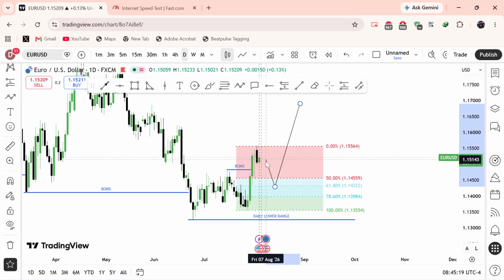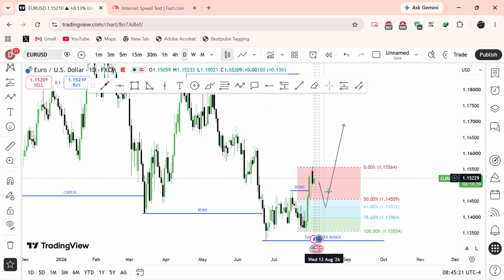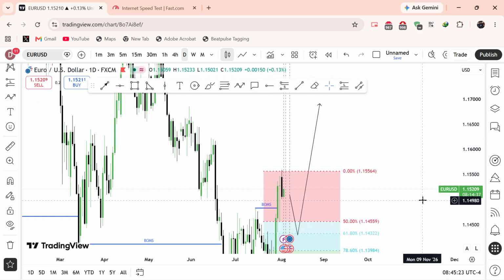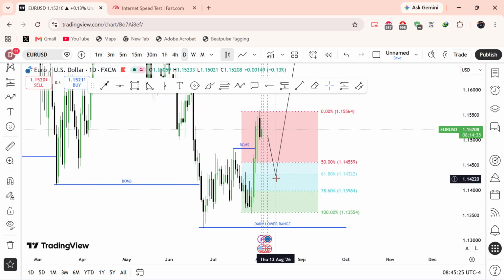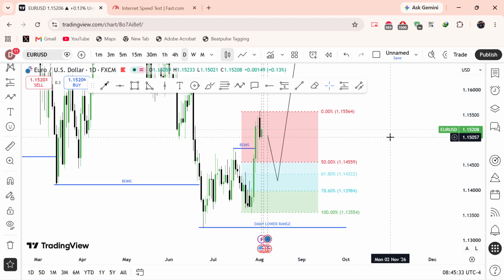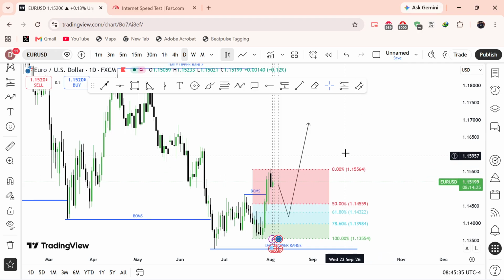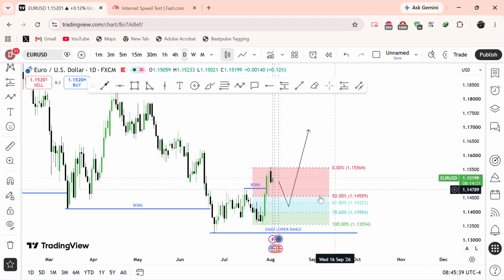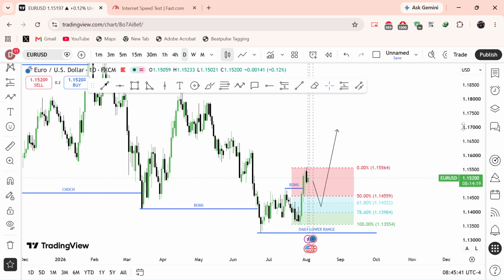If you want to buy, you would want to consider buying low, where the market is at a discount. So I'm expecting the market to pull back to this discount before NFP. Then we could get negative data for the US dollar, so that we can buy the euro.